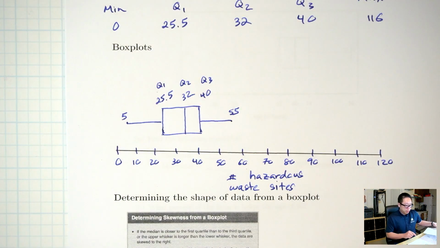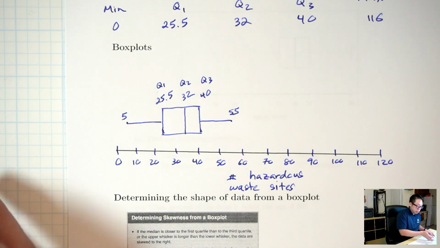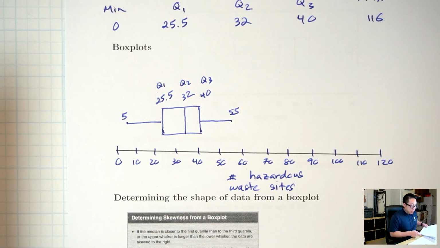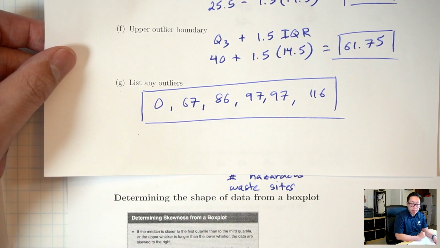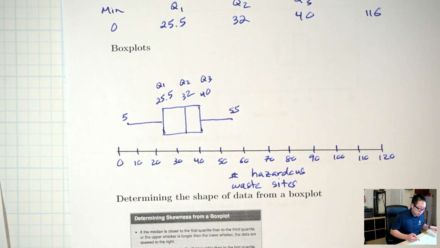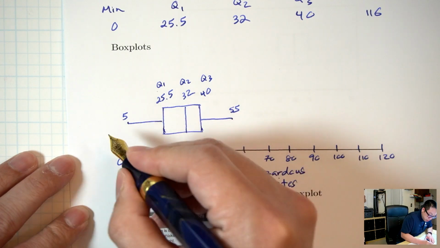And then the very last thing we're going to do is we're going to put the outliers on the picture. Okay, so there should be an outlier at 0, and we're going to label it with X's.